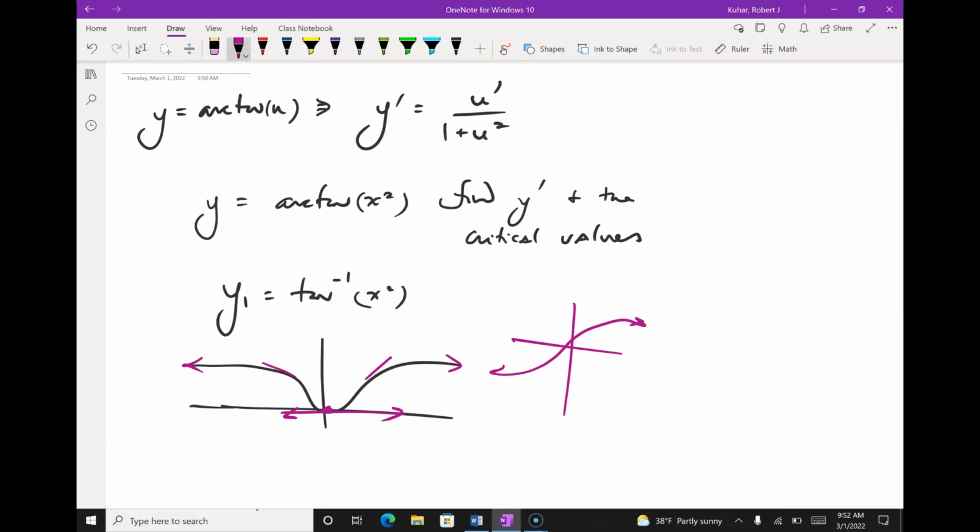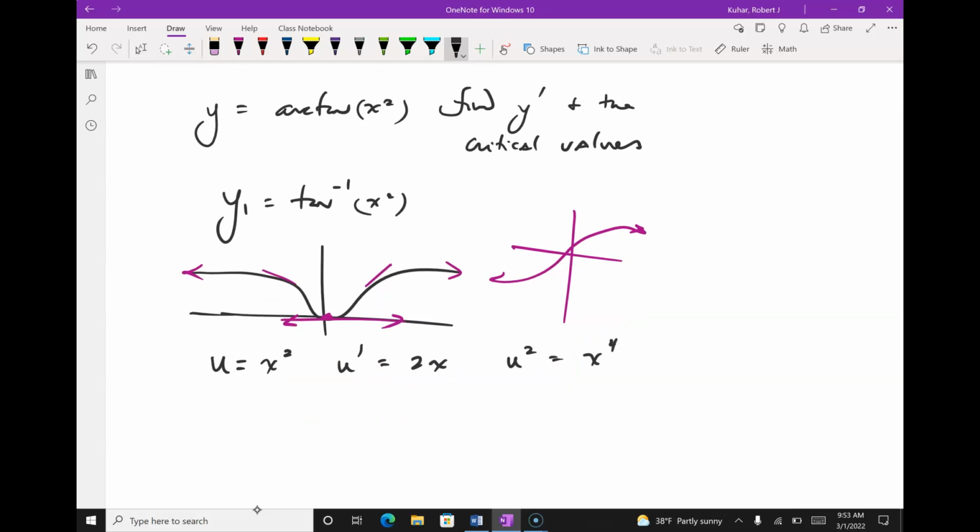Using my formula, what is u? U is the inside function, that's x squared. What is u prime? And what is u squared? X to the 4th. So I'm ready now. I get y prime equals 2x over 1 plus x to the 4th.